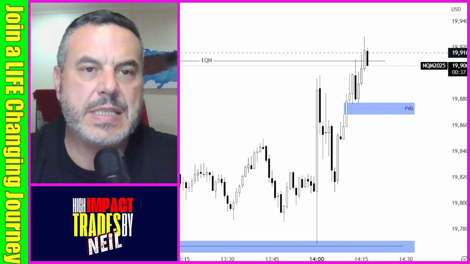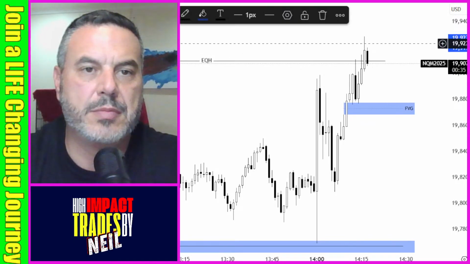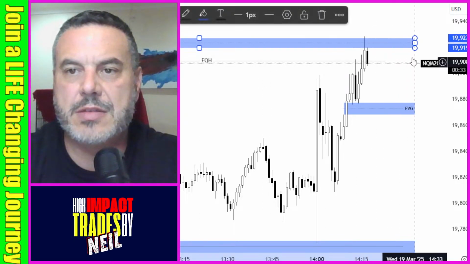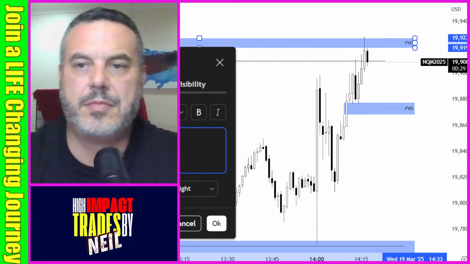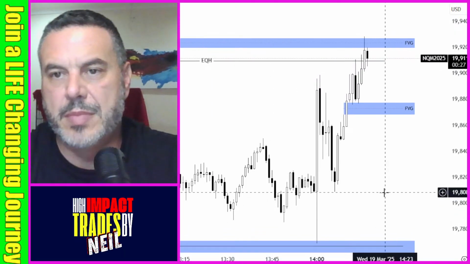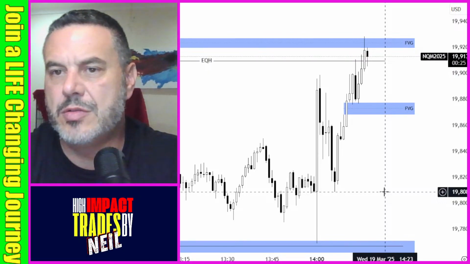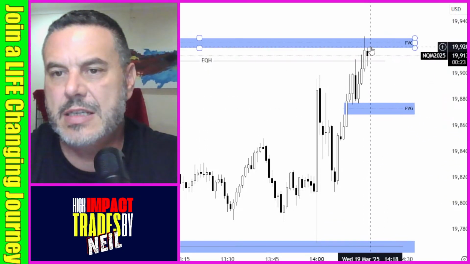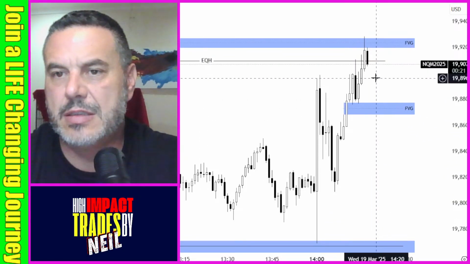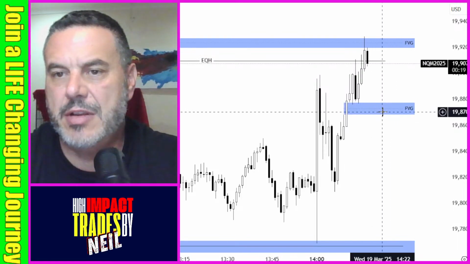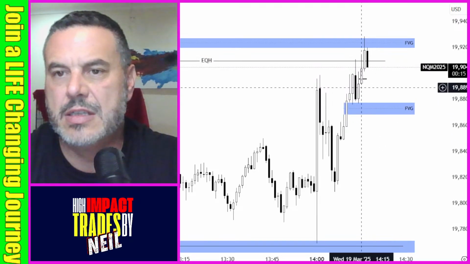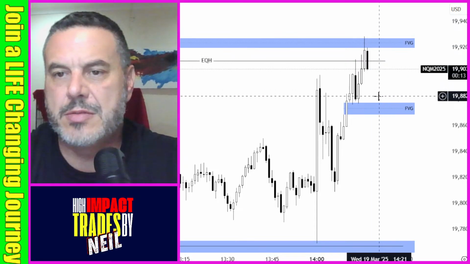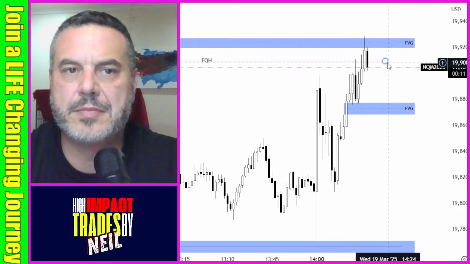So maybe what we see here is, boom, price respecting this fair value gap. But for this to hold now, I want to see a move down, and this fair value gap get inverted here. That's where I will short it. I won't short it up here because we can still bounce and go higher.